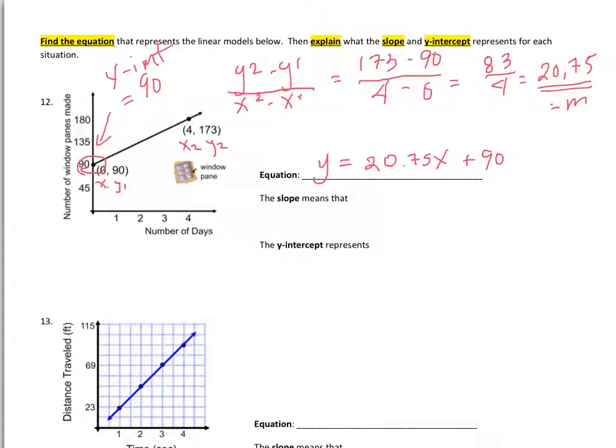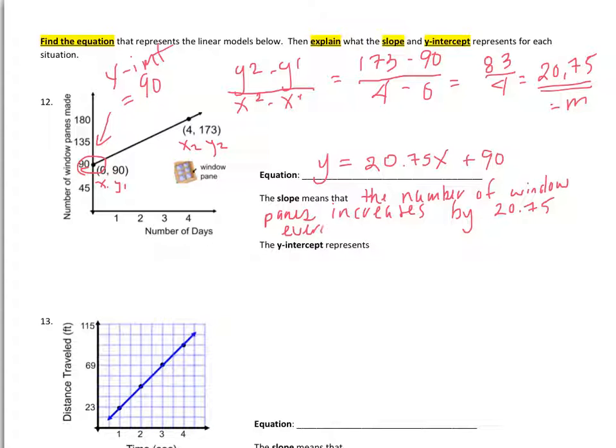So the slope means that the number of window panes increases by 20.75 every increase of 1 day.